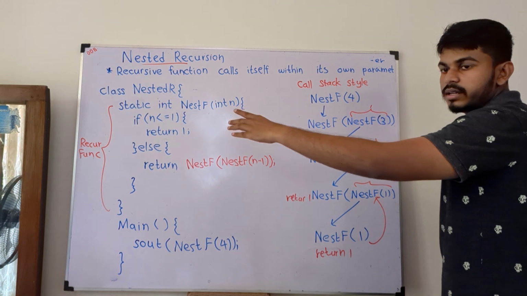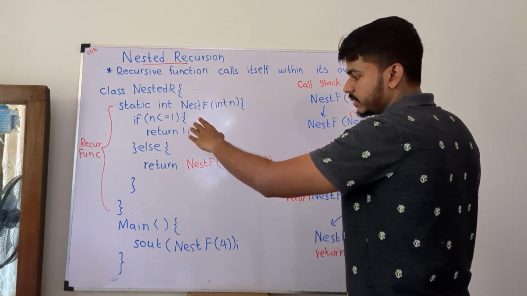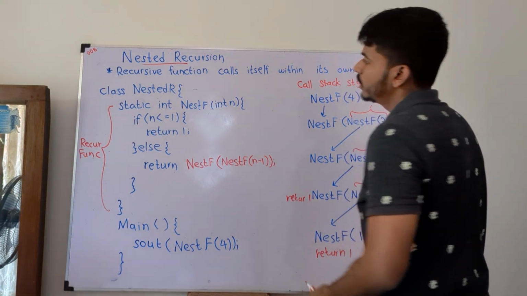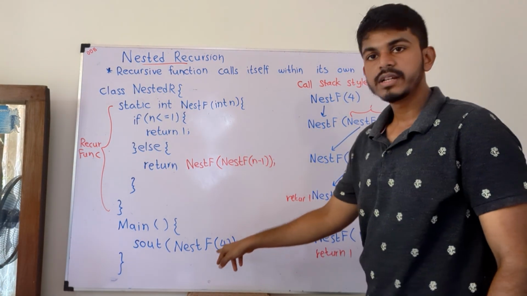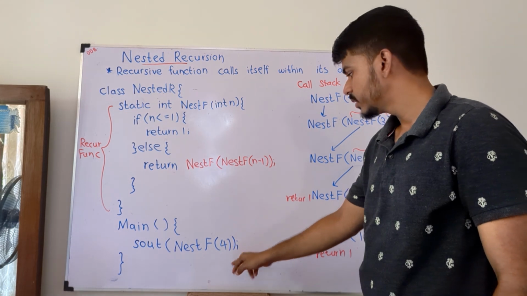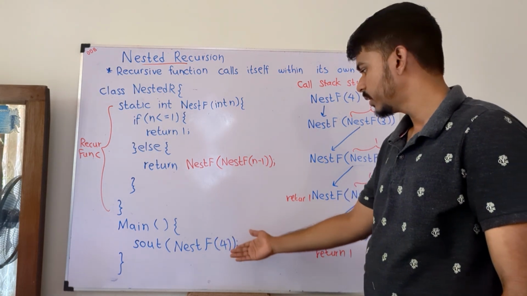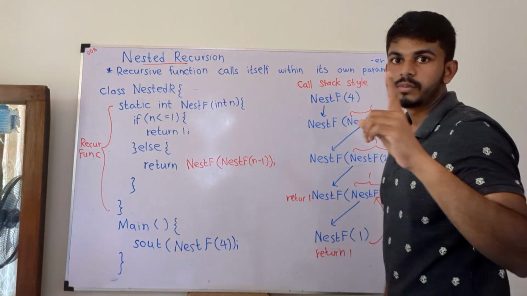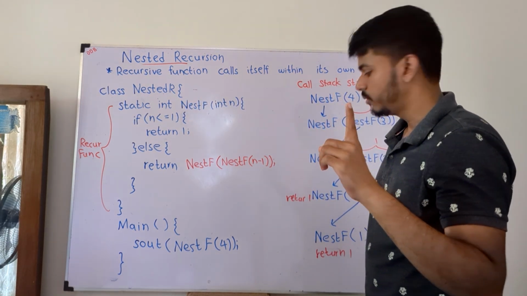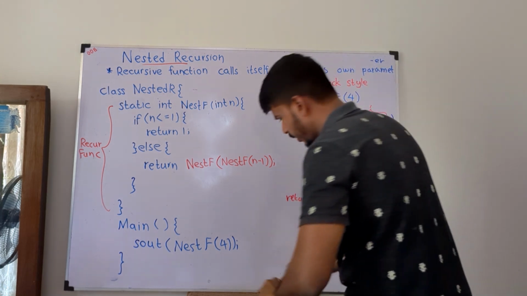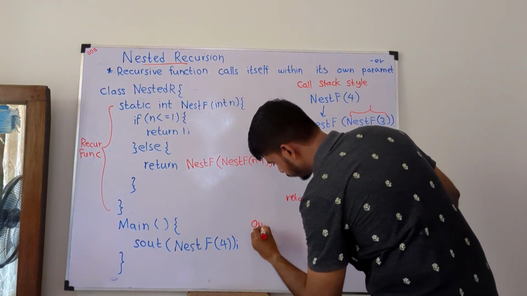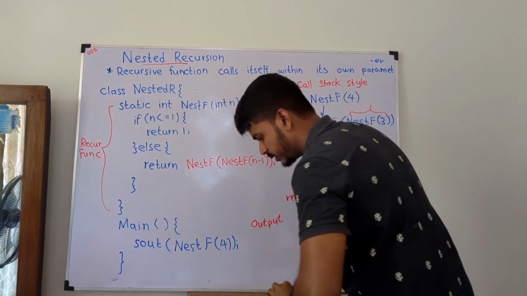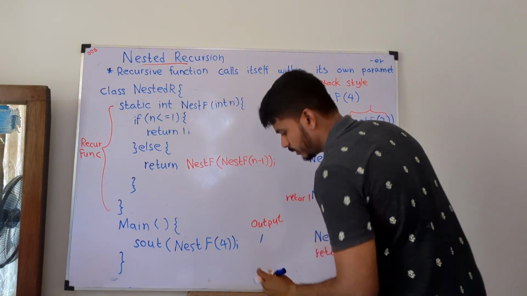So ultimately, no matter what integer value I input for this function, whether it is 1000 or 10,000, it is ultimately going to hit the base case and output the value 1. Here the output is going to be just 1.